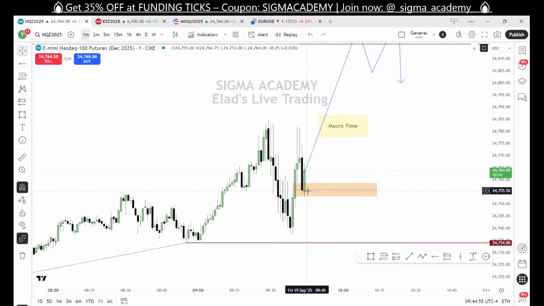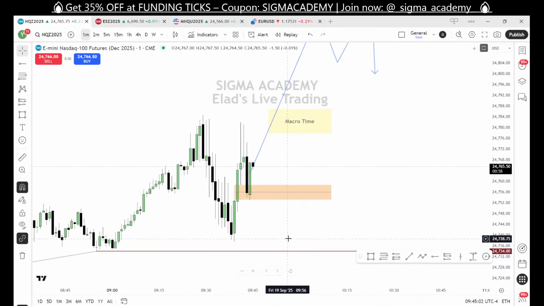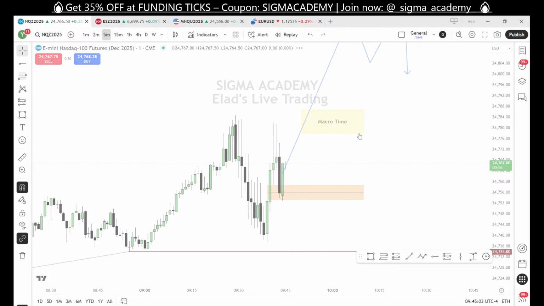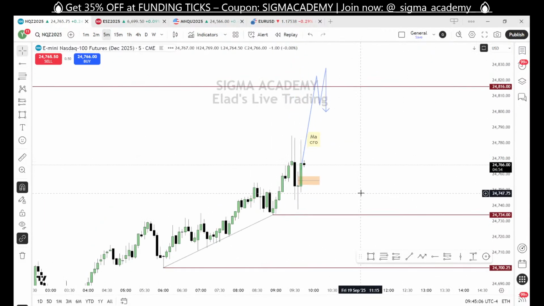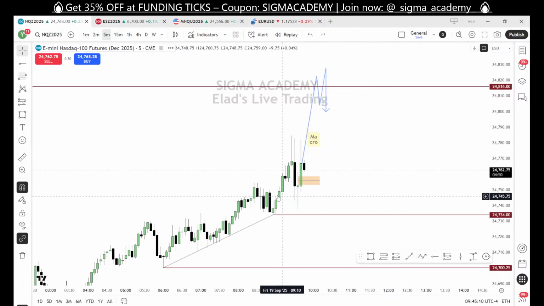See how it reacts in the middle of this fair value gap. Let's wait on the 5 minutes. How we respect those fair value gaps, and this fair value gap also.